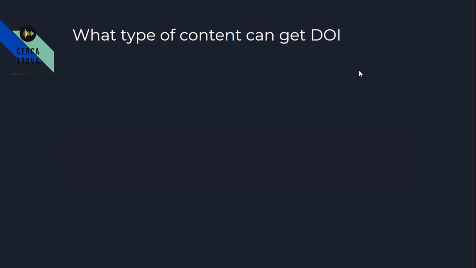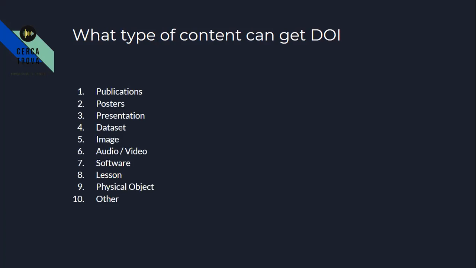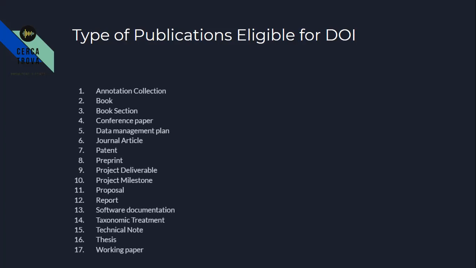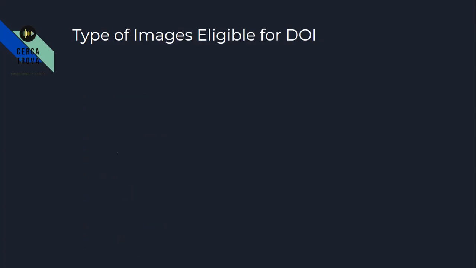Interestingly, a DOI can be assigned to a wide variety of content: publications, posters, presentations, datasets, images, audio, video, software, lessons, physical objects, and other things. Now I'll go into details about the types of publications that are eligible for DOI. There are 17 types of publications, and you can assign a DOI number to the majority of your published and unpublished work, if it does not have a DOI before, provided that it's your own.